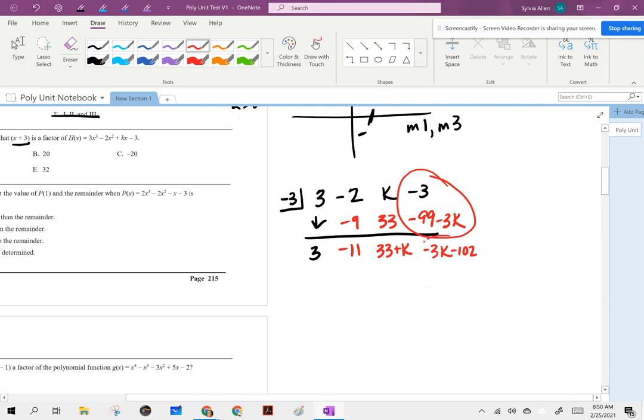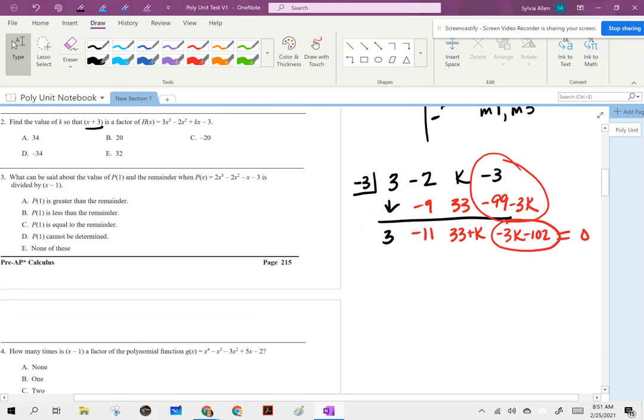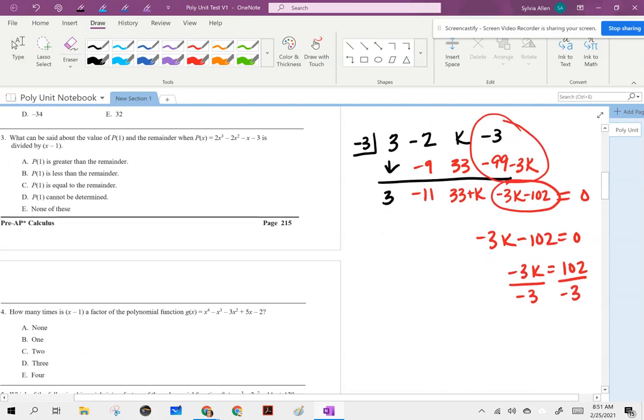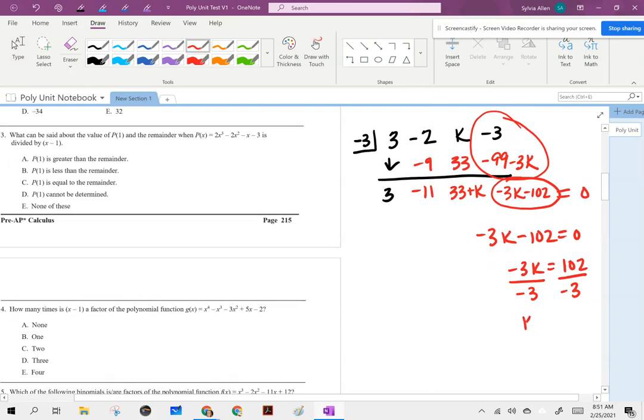Remember that if it's a factor, this remainder needs to equal 0. All right, so if I take a look at that, -3k minus 102 needs to equal 0. -3k is equal to positive 102. Divide by -3, divide by -3. I'm going to get k is equal to a negative.